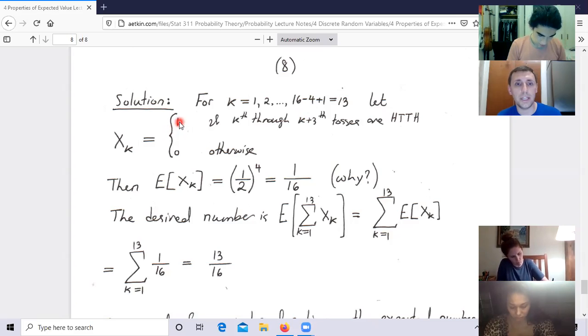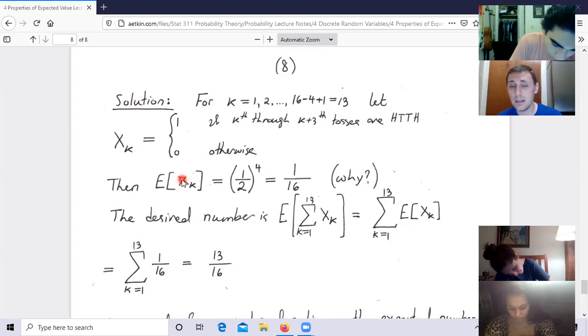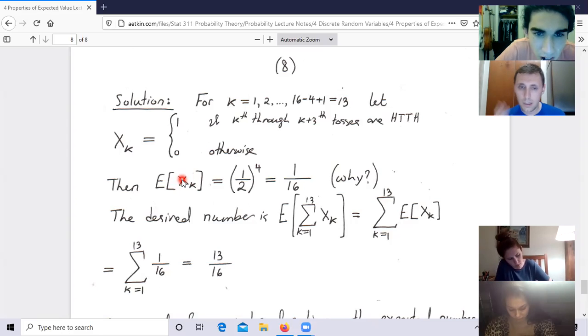So that will indicate 1 if the k through k plus third tosses were of the desired pattern, H, T, T, H, and 0 otherwise. Now, what's the expected value of just one such random variable? The expected value of xk is, because if I just focus on any particular segment of the string, it's equally likely to be any combination of H and T. So for this to be exactly the right combination of H and T would be 1/2 to the power of 4.